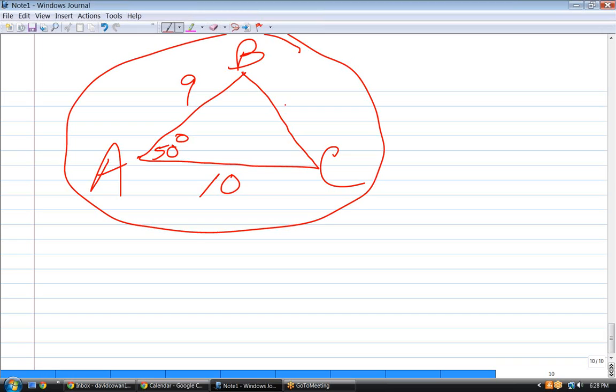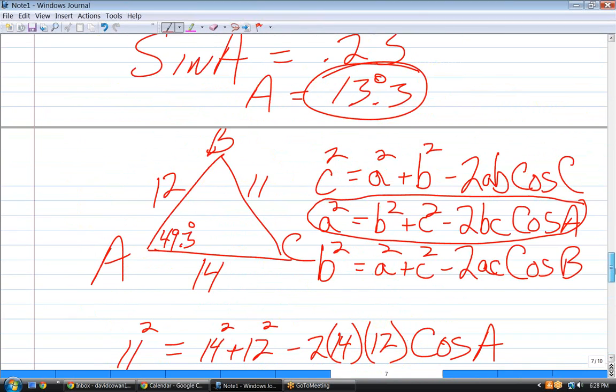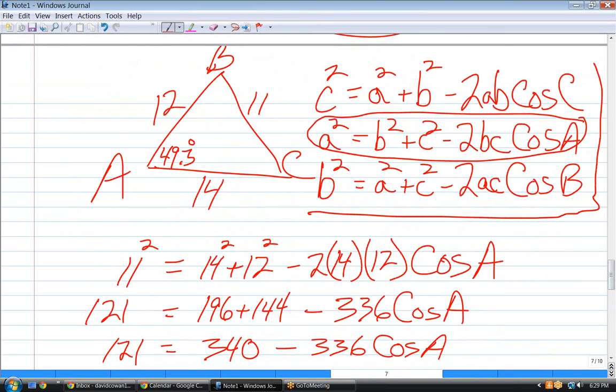Could you do... This is side A. You need to do... Little a. So what's the law of cosines? Could you use this? Oh. You have to use the law of cosines. So sine. No, remember what the law of cosines is? The law of cosines are these three things right here.